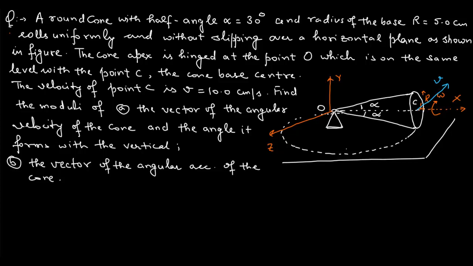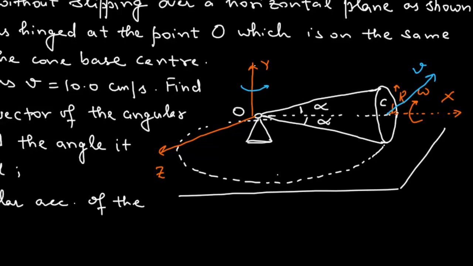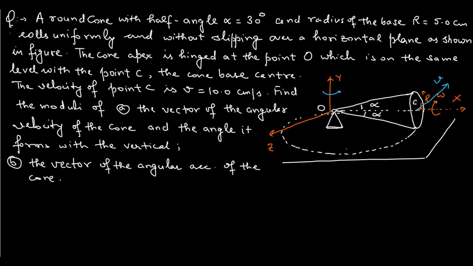Clear? So what we have to find is the vector of the angular velocity of the cone. If you observe carefully, this cone is rotating about this axis, meaning the axis of rotation is the x-axis, and it is also rotating about the y-axis. So it has two angular velocities, one along the x-axis and one along the y-axis.